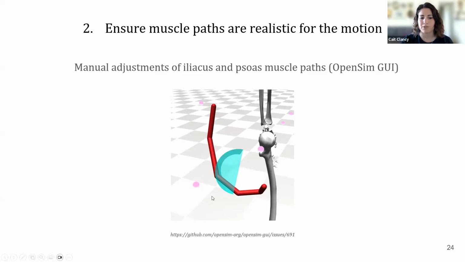In order to get around this, we made manual adjustments for the iliacus and psoas and pulled these via points, which you can see right here, or really just this via point, right outside, just a teeny bit, to be outside that wrap cylinder to create that smooth muscle path for smooth motion.